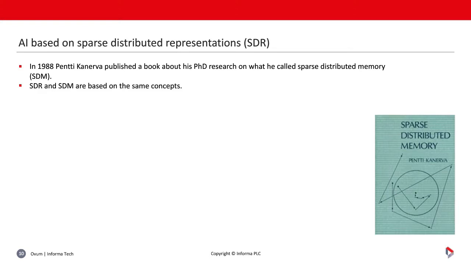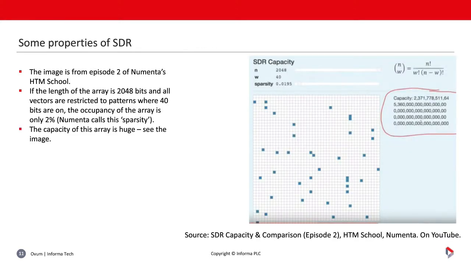Before I go into how this became quite interesting today, let's just take a look at an example of a sparse distributed memory, or representation. The array that you see with the blue dots represents 2048 bits, and it's shown in two dimensions, so in layers.